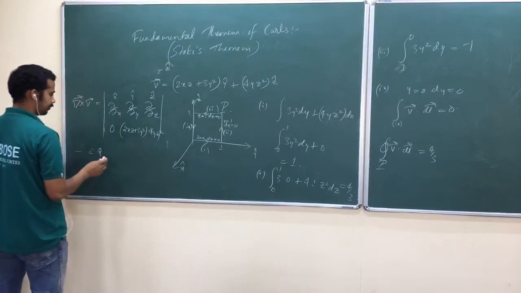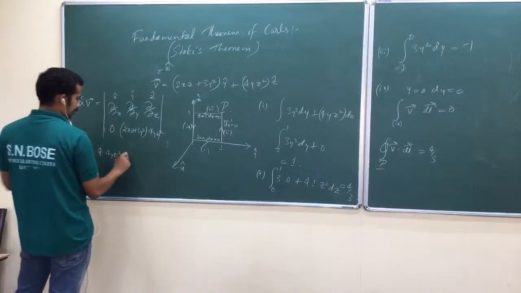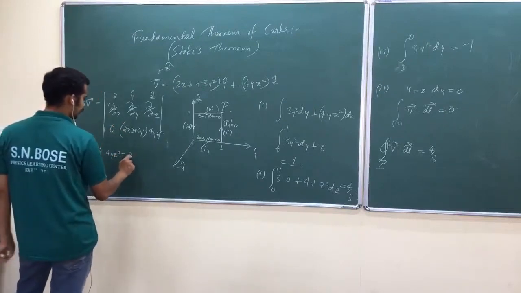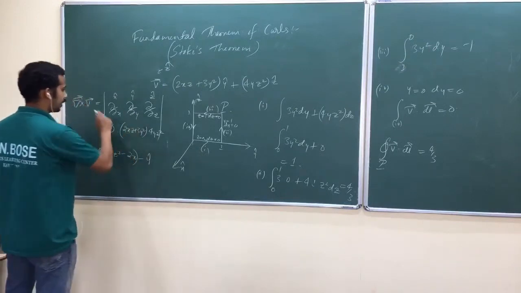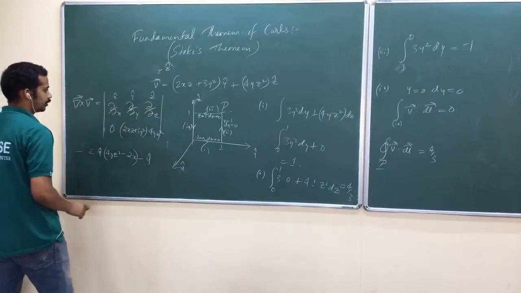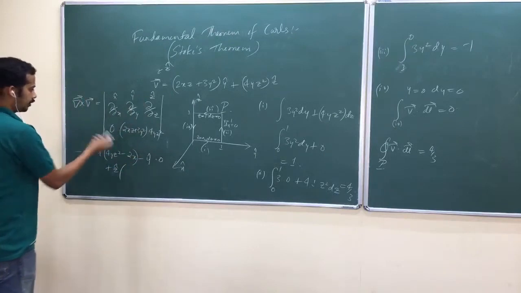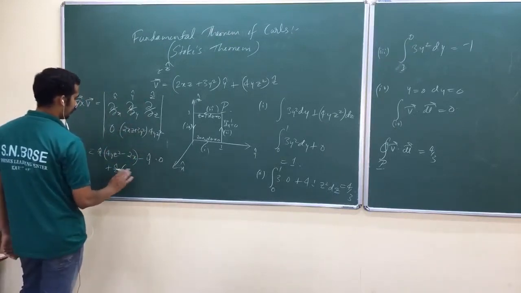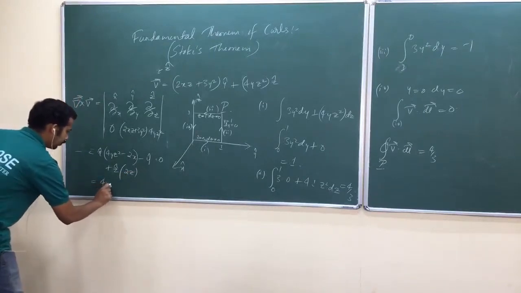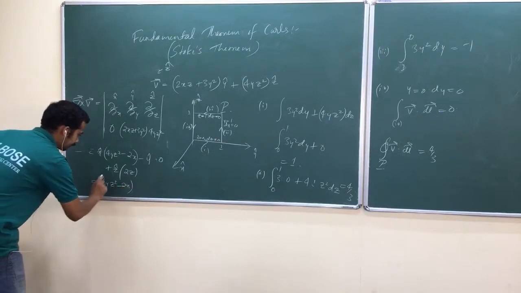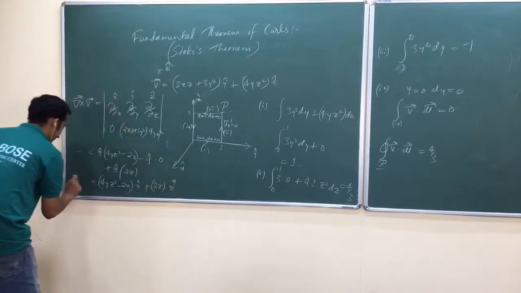Dou by dou y, that means 4yz square minus 2x dou by dou z, minus y cap into dou by dou x 0, plus z cap into, do it yourself, 2z. 4yz square minus 2x x cap plus 2z z cap, that is curl.